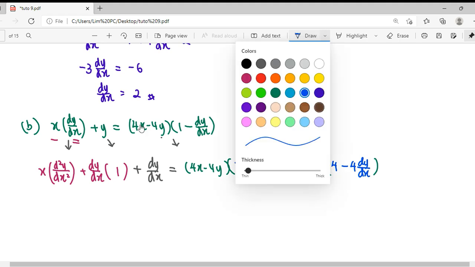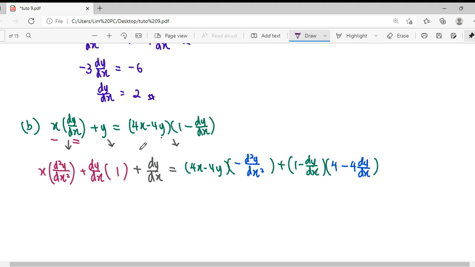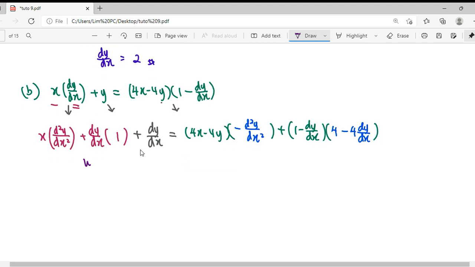After we finish differentiating, we will just substitute the value. Look at our point, x is 1, y is 2, and from the first part, dy dx is 2. We're going to find out our d2y dx squared.